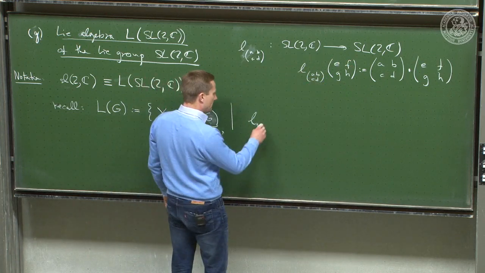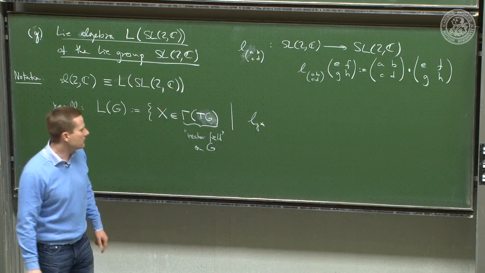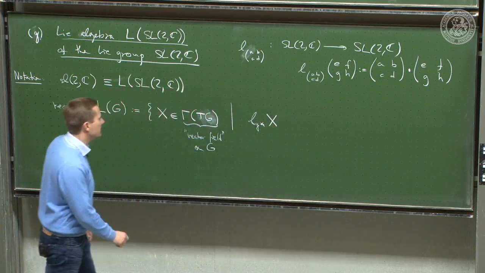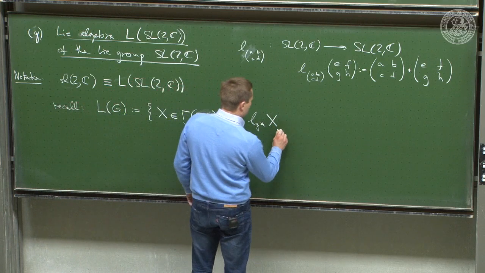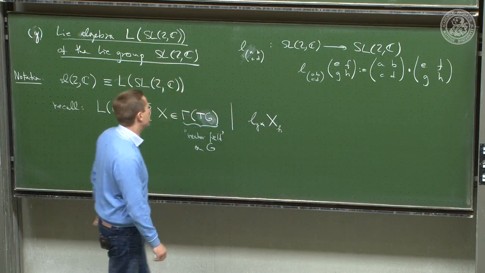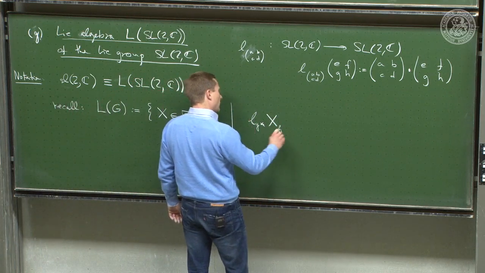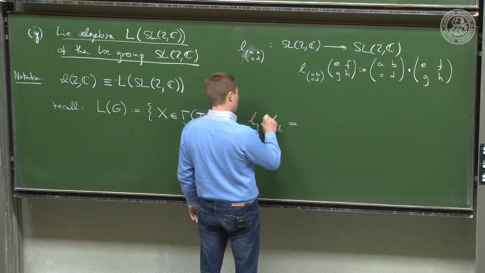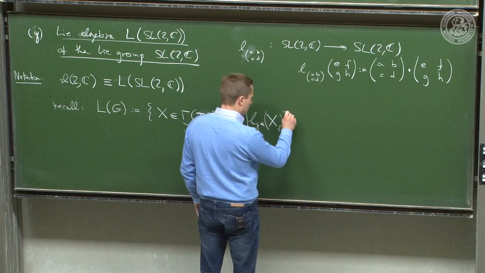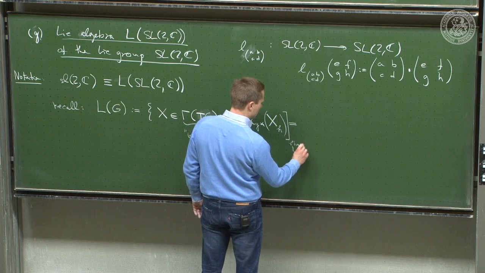If it's a smooth map, there exists an associated push forward of this map, and you can take a vector field X, and you can look at it at some point h in the group, and you can require that if you act on it like this, then the whole result will be at L_g of h, which is gh.